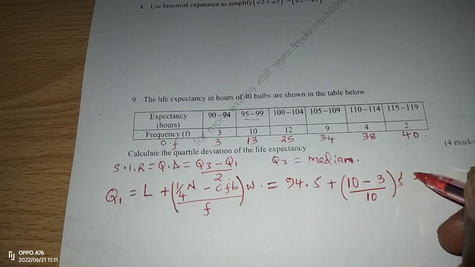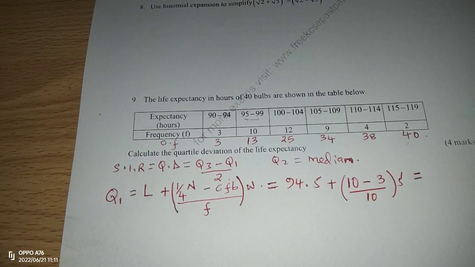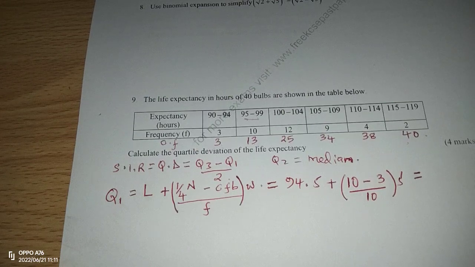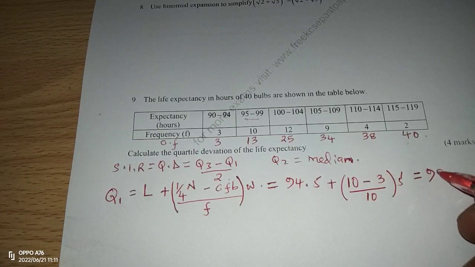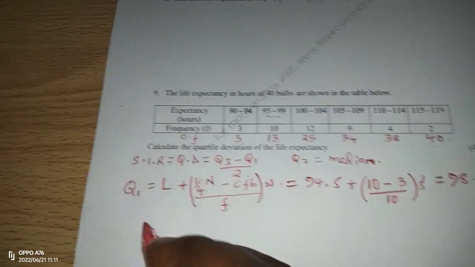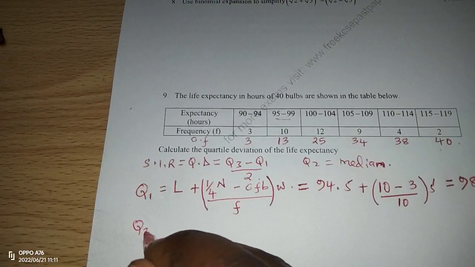Therefore, Q1 is 10 minus 3, divided by 10, multiplied by 5, added to 94.5. This gives us exactly 98.